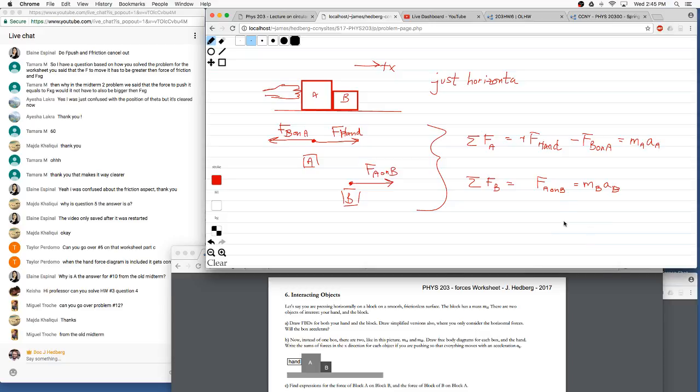All right, and that's all we really know. I didn't give you any numbers or anything. Well, I guess I did. I said in part B, if everything moves with an acceleration equal to a naught, then all I would do is just substitute that a naught in for a B and a A, and I would have my relationships between force and acceleration for each box.